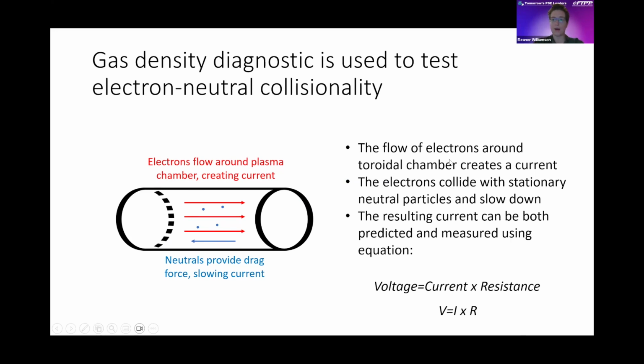The resulting current can be both predicted and measured using a pretty basic equation: voltage is current times resistance. As you have more neutrals, the voltage will drop, and as you have fewer neutrals, the voltage will rise.